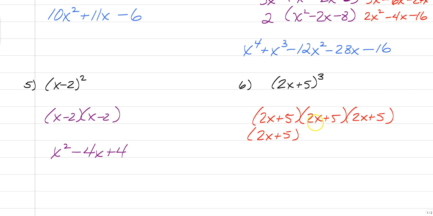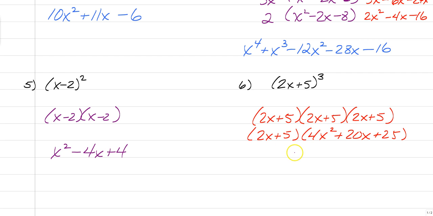And when we do that, you're going to have 2x times 2x, which is going to give you 4x squared. And then 2x times 5, and then 5 times 2x is going to give you 20x, and 5 times 5 is 25.